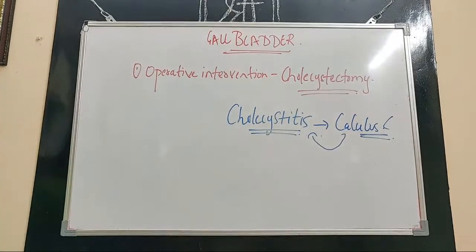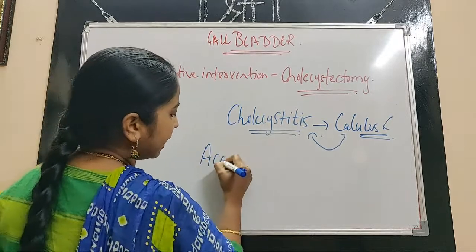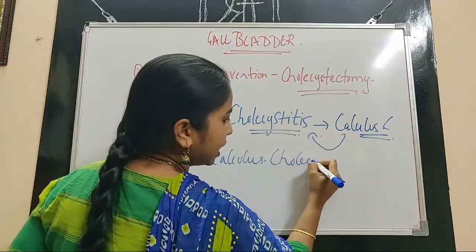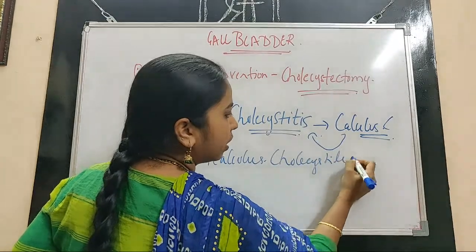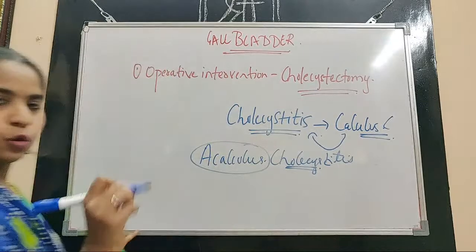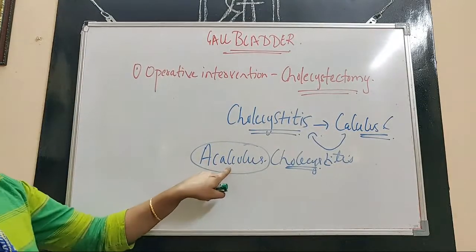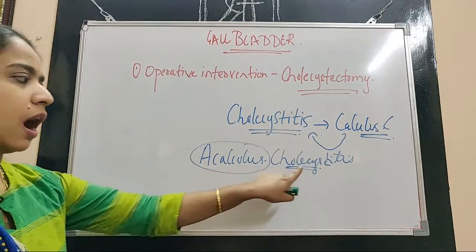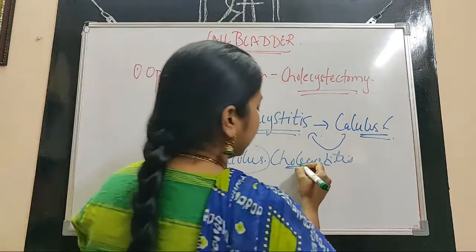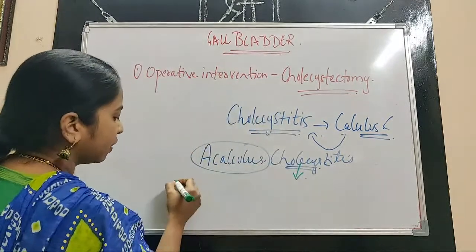But there is also another component called acalculous cholecystitis. Now we could wonder how cholecystitis could happen when there is no stone present. For that there are two instances.